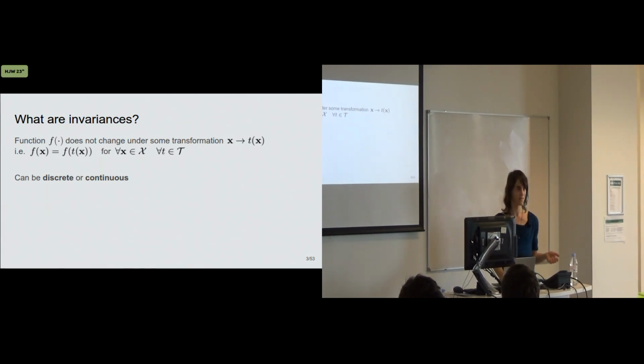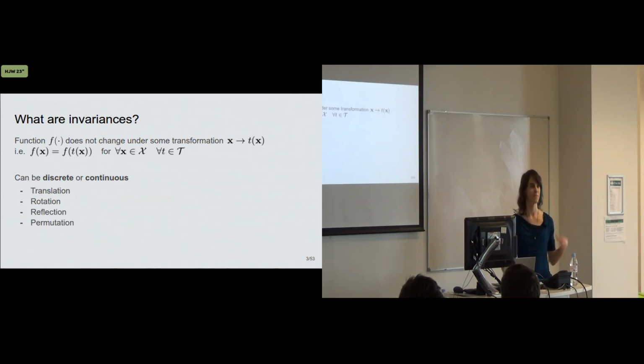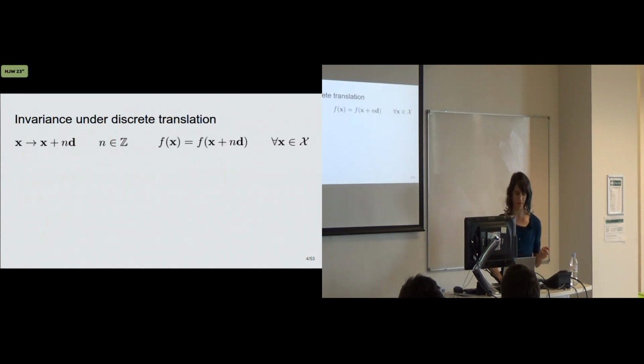So I'll start with discrete ones because I think they're a bit easier to just get an intuitive understanding of. And there are 4 that I'll go through: invariance under translations, rotations, reflection, and permutation. So first, invariance under discrete translation.